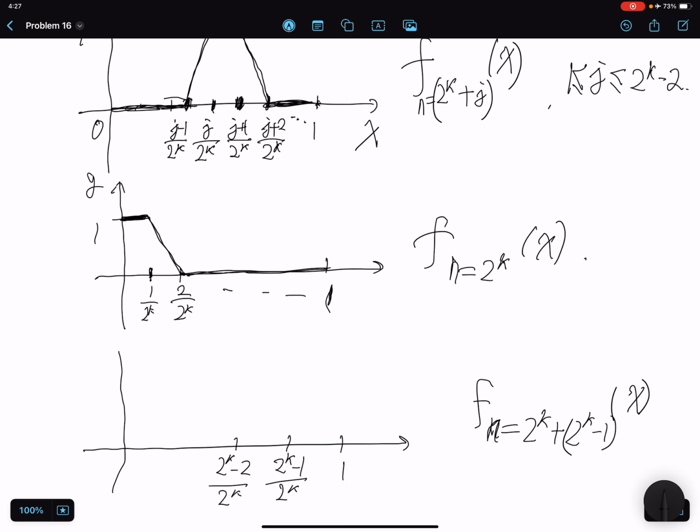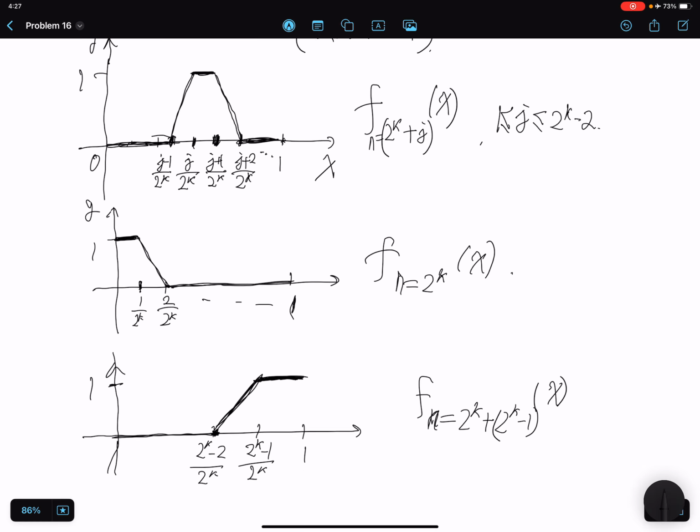From 2 to the k minus 1 over 2 to the k to 1, we make f of x equal to 1. And from 0 to 2 to the k minus 2 over 2 to the k, f of x is 0. In between we make it linear, so that the function is continuous.